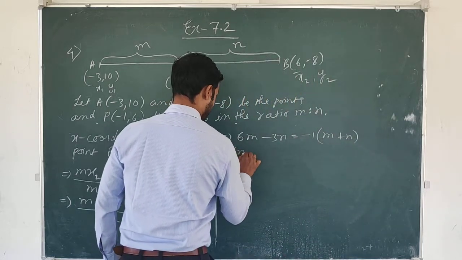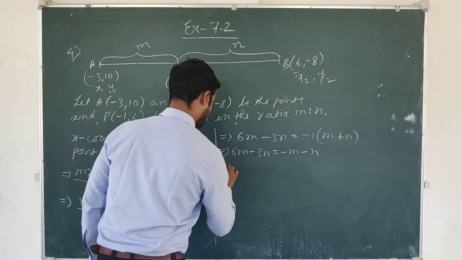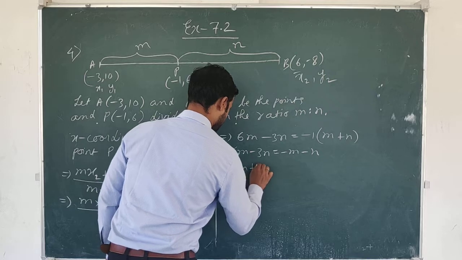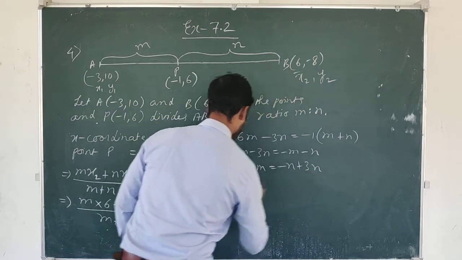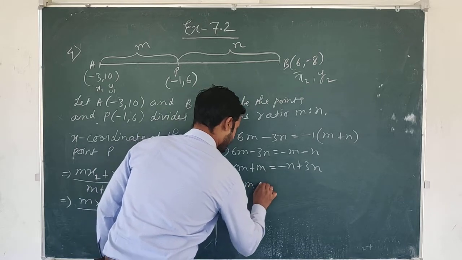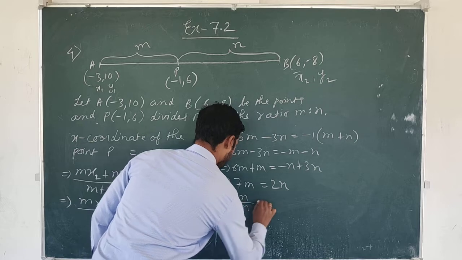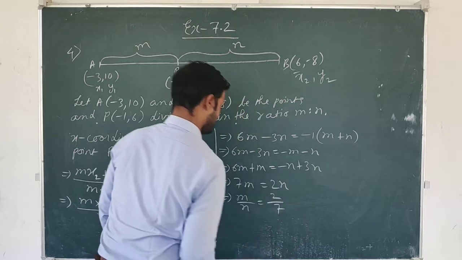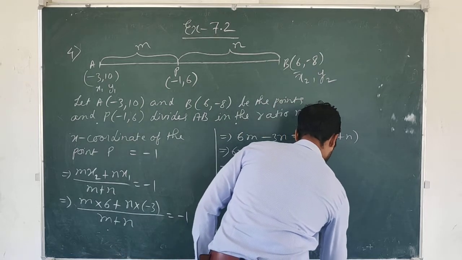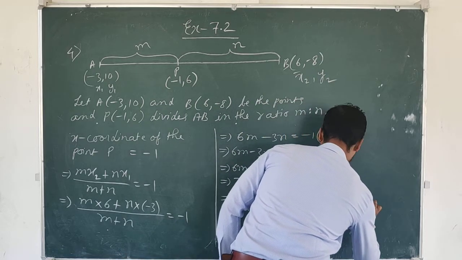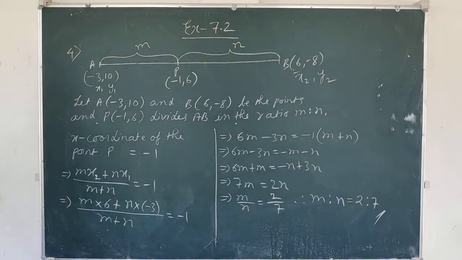So 6m minus 3n minus m minus n, 6m plus m, minus n plus 3n, 7m is equal to 2n, m by n is equal to 2 by 7. Therefore m is to n is equal to 2 is to 7. Understood?